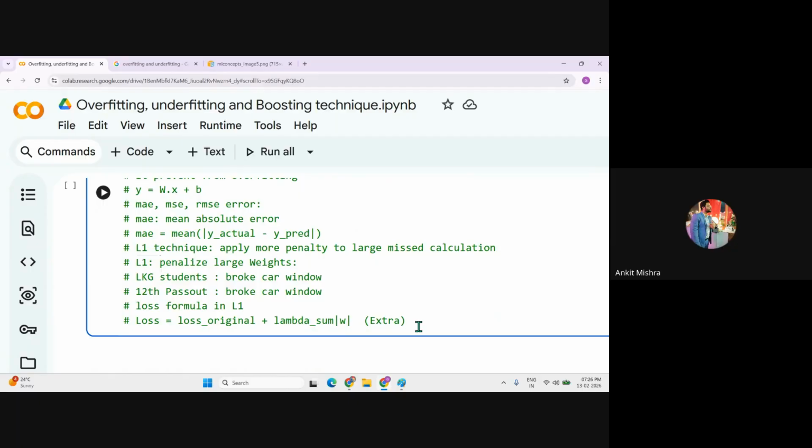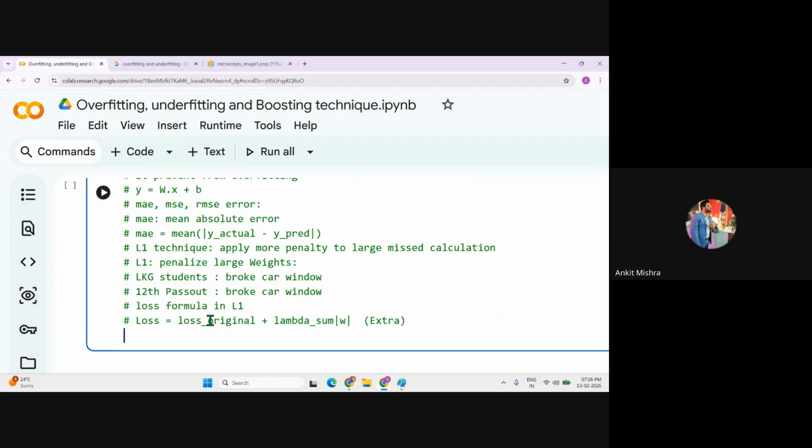So it will simply use a new loss formula. If the interviewer asks what you understand by the L1 technique, just say it applies more penalty to the large miscalculation. It penalizes the large weights, and it uses the new loss formula: the previous loss formula plus some sort of extra additional loss. It's like if someone has missed their premium or EMI payment, the company will apply some penalty.